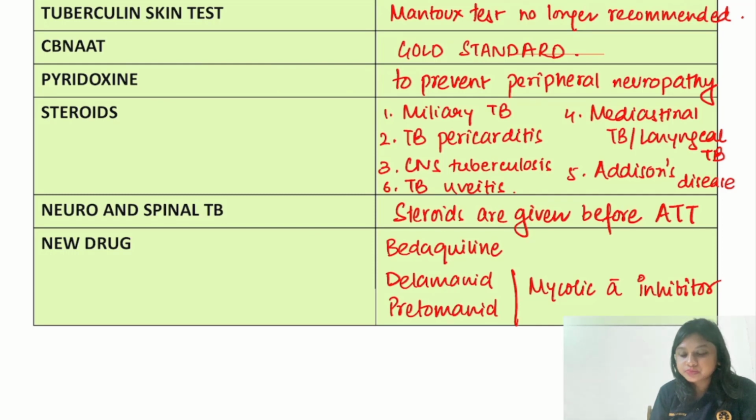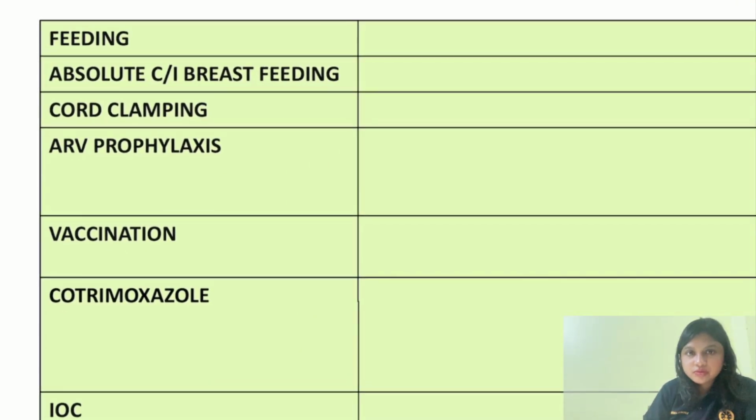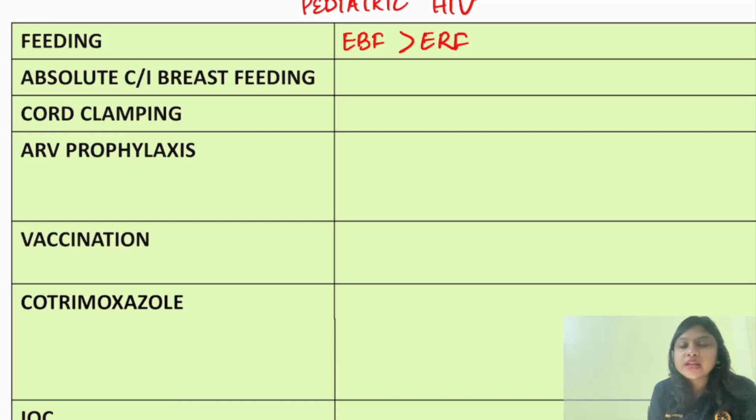Now a few points which I would like to discuss from pediatric HIV. First is feeding. Exclusive breastfeeding or exclusive replacement feeding, but exclusive breastfeeding is preferred over exclusive replacement feeding.